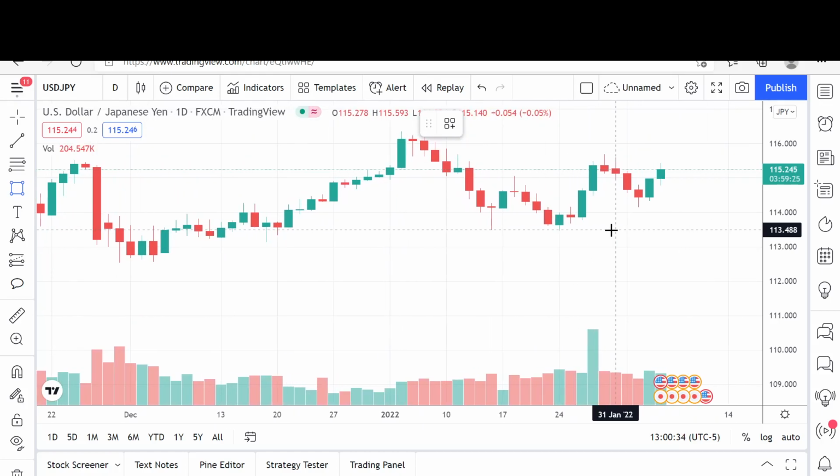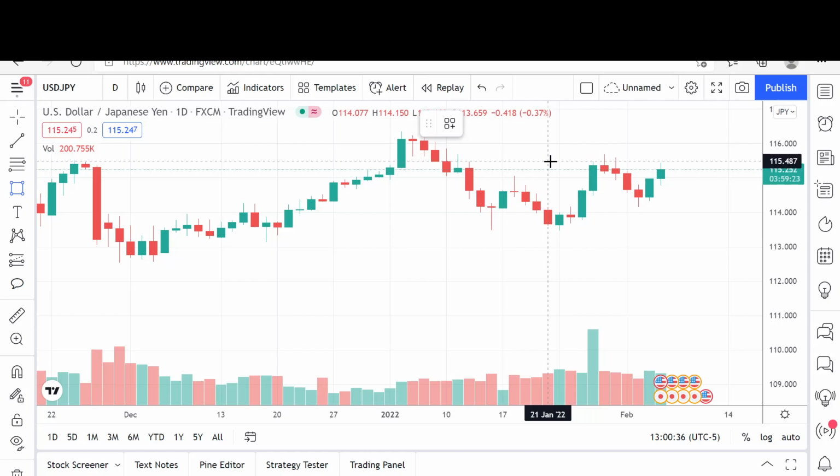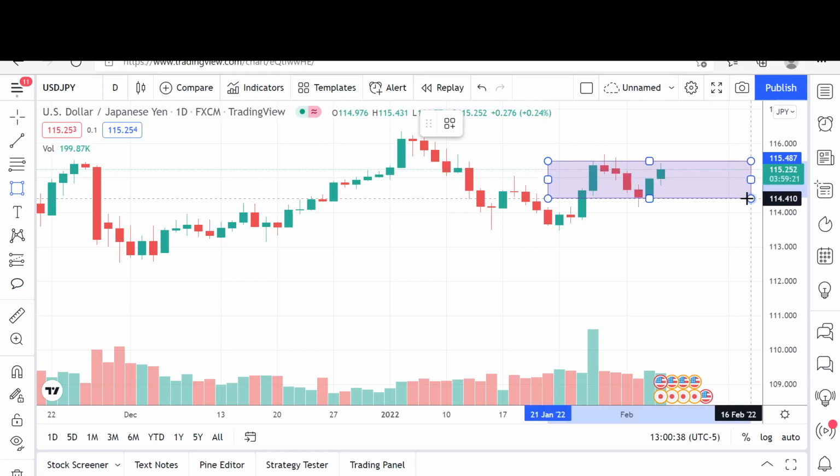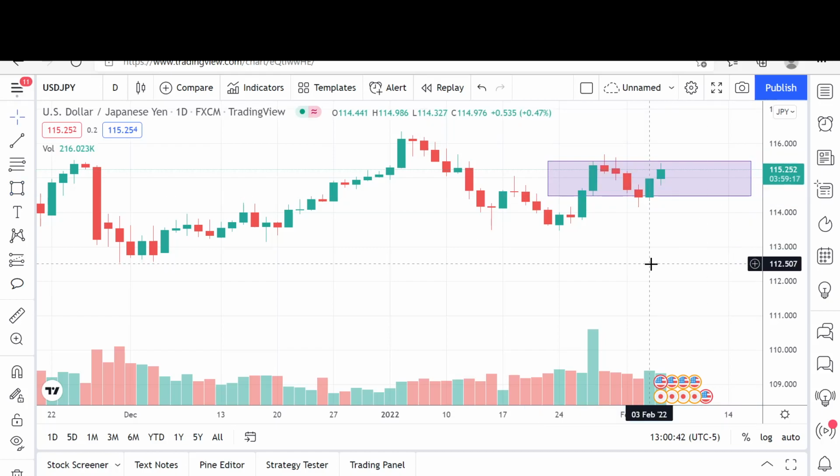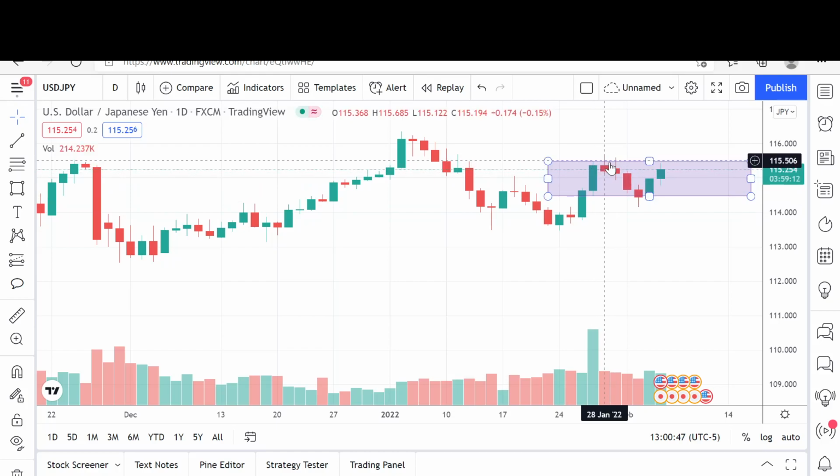Yeah, we'll just use it. So why wouldn't this be a bearish order block right here? You might say this is where the move originated before that sell-off. So why wouldn't this be a bearish order block?